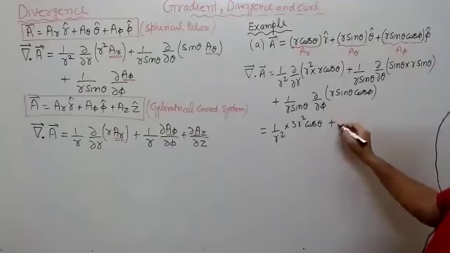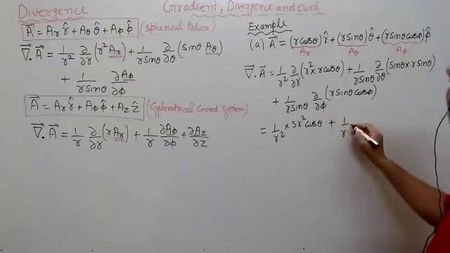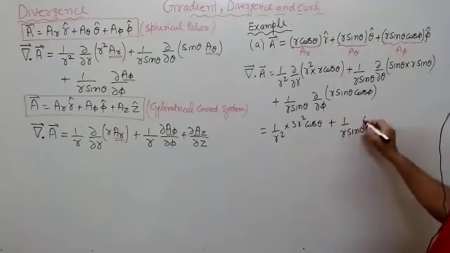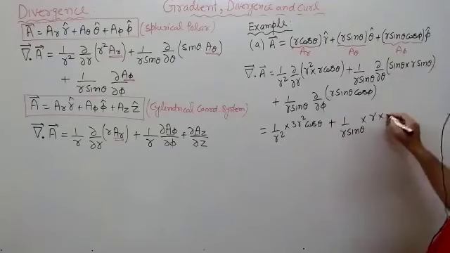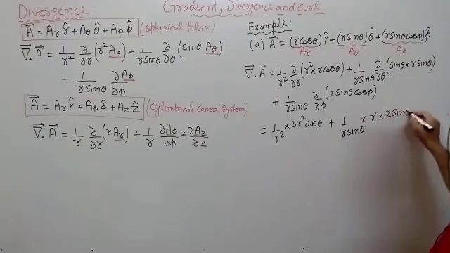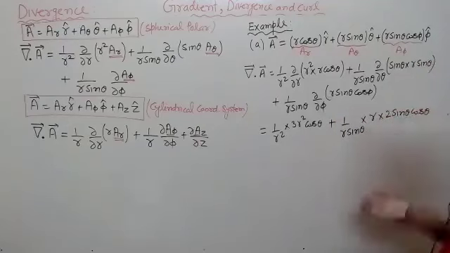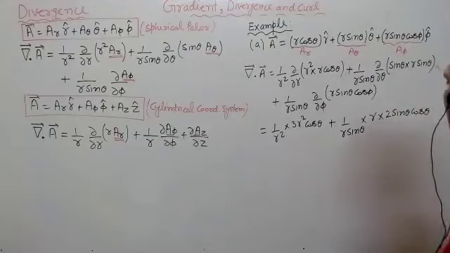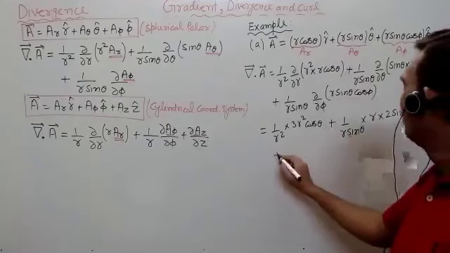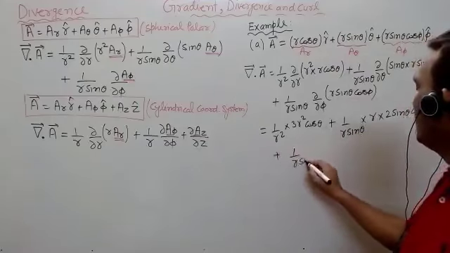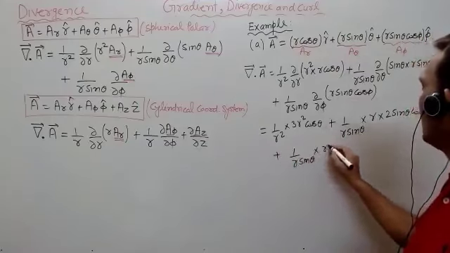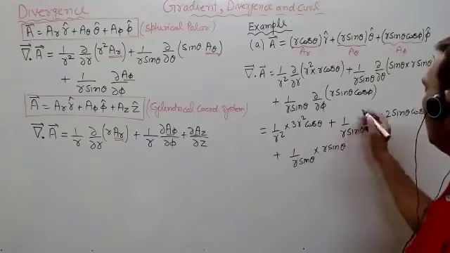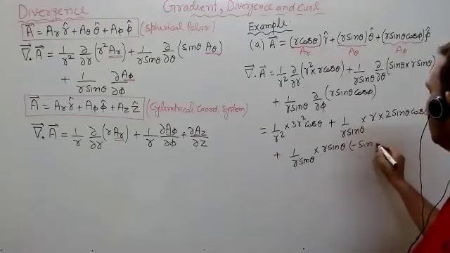In this case, you will get 1 by r sine theta into r common, and sine square theta derivative gives 2 sine theta cos theta. And the last term is 1 by r sine theta into r sine theta, and derivative of cos phi is minus sine phi.